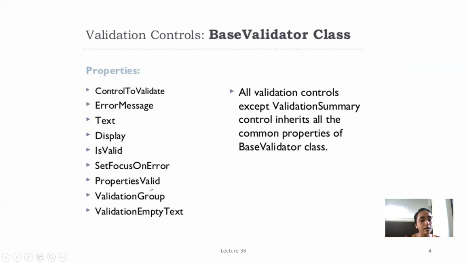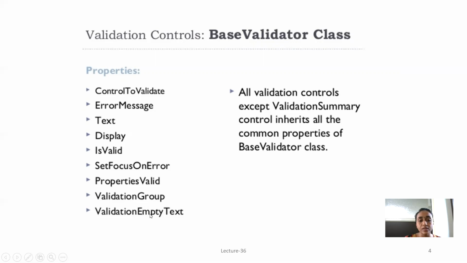Next is the Validate property. It is used to validate the properties. Then ValidationGroup. ValidationGroup is not a mandatory property. If you want to assign validators to a particular group of validations, then you can set this property, like the GroupName property in checkbox and radio button list.